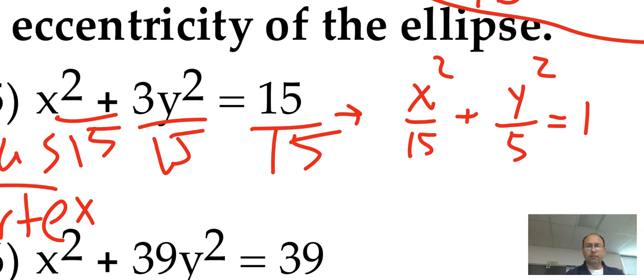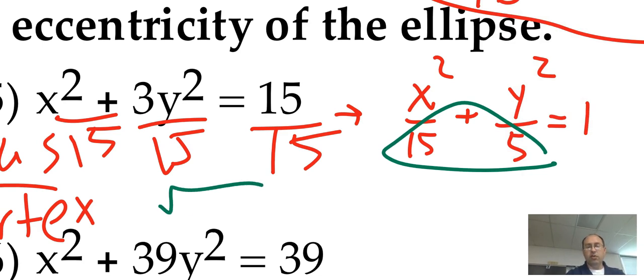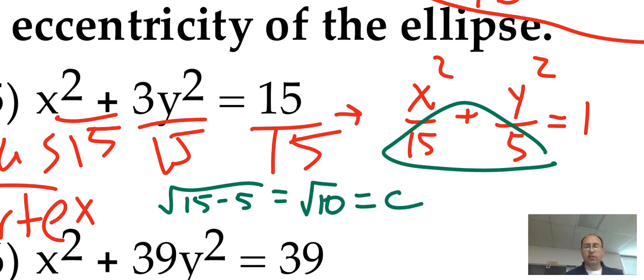The square root of the difference between the two, that'd be square root of 15 minus 5, or square root 10. That's my C value, the distance to the focus. So we want square root 10 over square root 15 for my eccentricity.